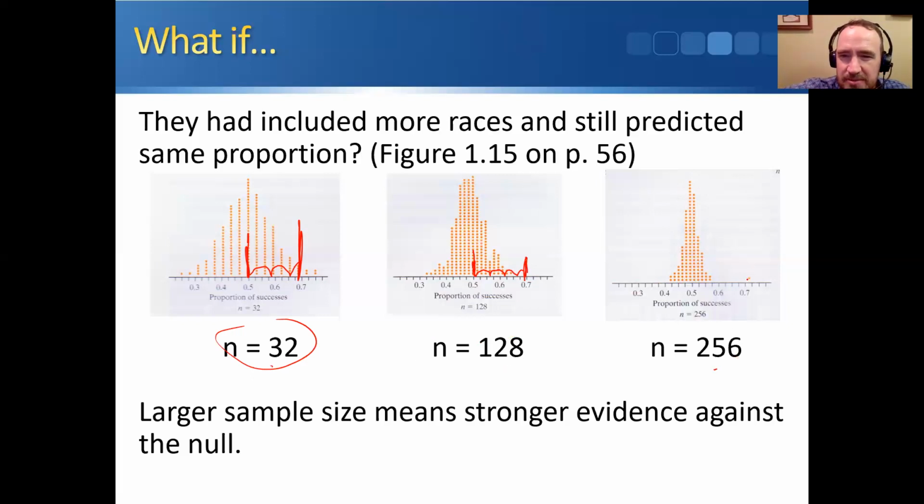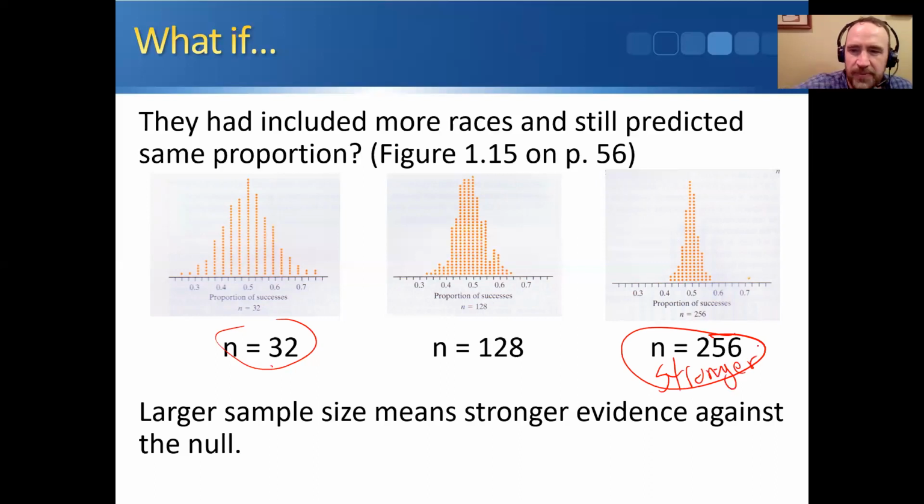Look at this. 0.7 is way far away now. This would be many, many standard deviations away. Even stronger evidence. So in general, the main idea here is bigger samples, stronger evidence against the null. This is one of the main reasons why researchers tend to want to get as big a sample as possible.